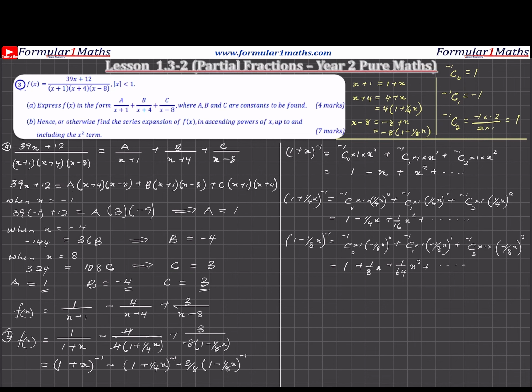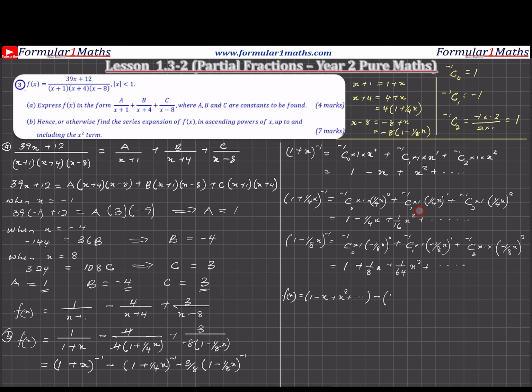So now f of x becomes: 1 plus x to the power minus 1 can be replaced with this one. So I have 1 minus x plus x squared. And we have minus here, so the next term will be minus, and obviously the whole of that will be replaced by that.